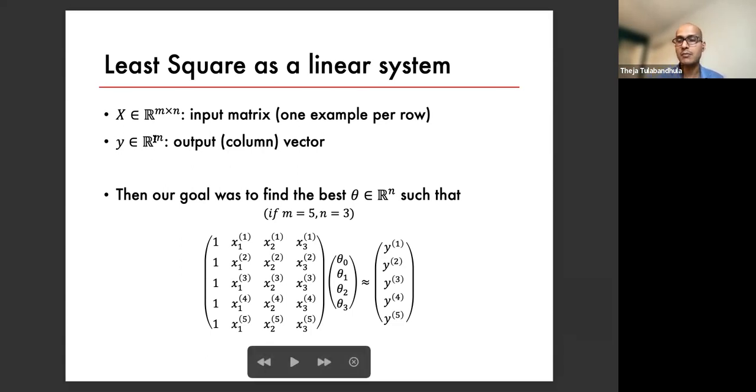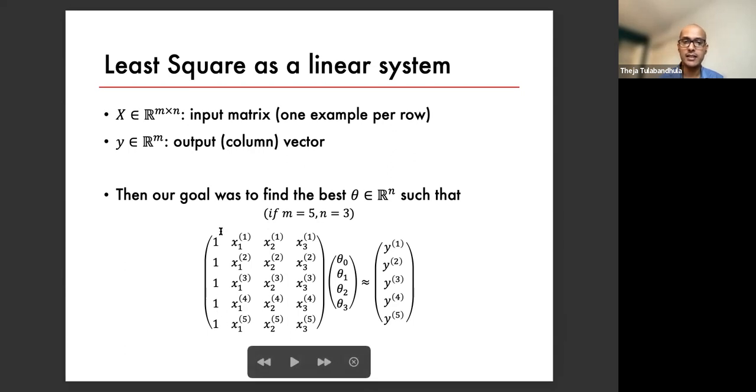Little m is the number of observations, and n is the dimensionality of features, or n minus 1 is the dimensionality of features. As you can see below, little n is 3 and m is 5, so we have five rows, and the number of features is 3, but we tack on one more degenerate feature so that we can represent the whole thing as a matrix vector multiplication.